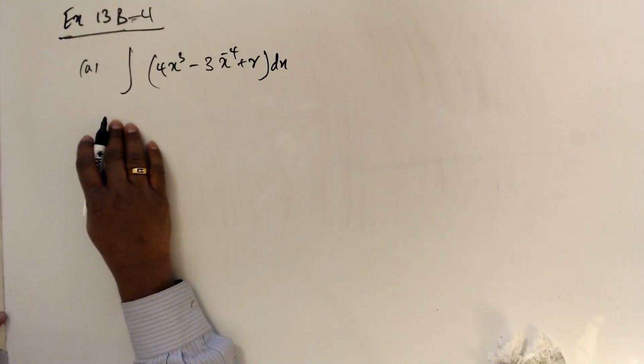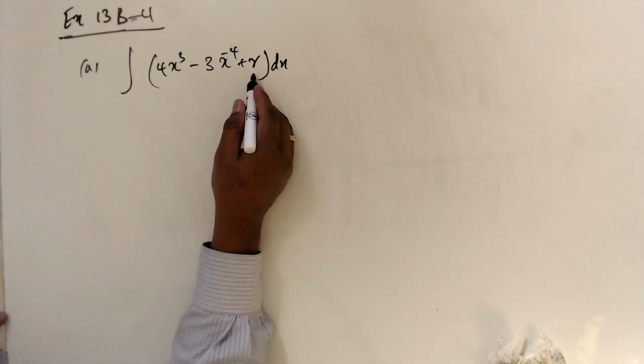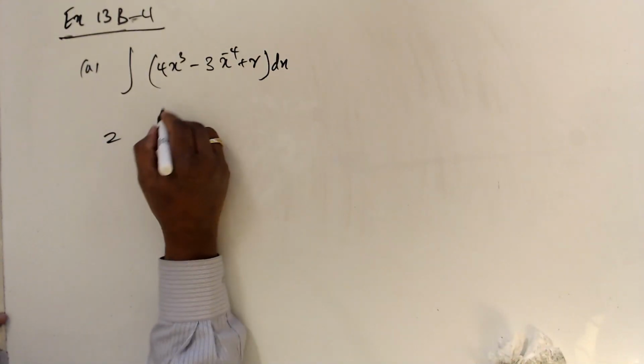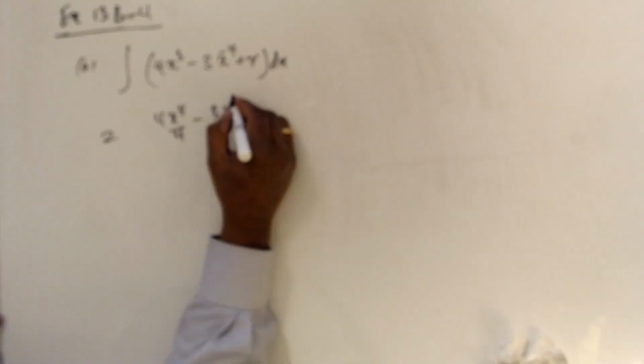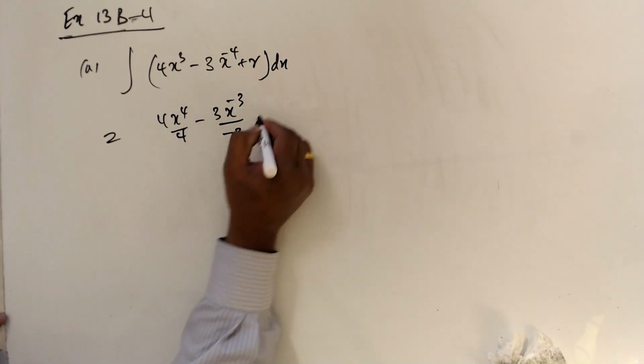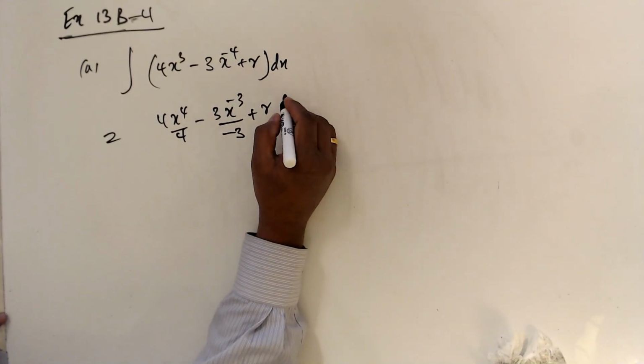Question number 4a. So this r is a constant, and we have to treat it as a constant. So x^4 over 4, 3x^(-4+1) over -3, and r.